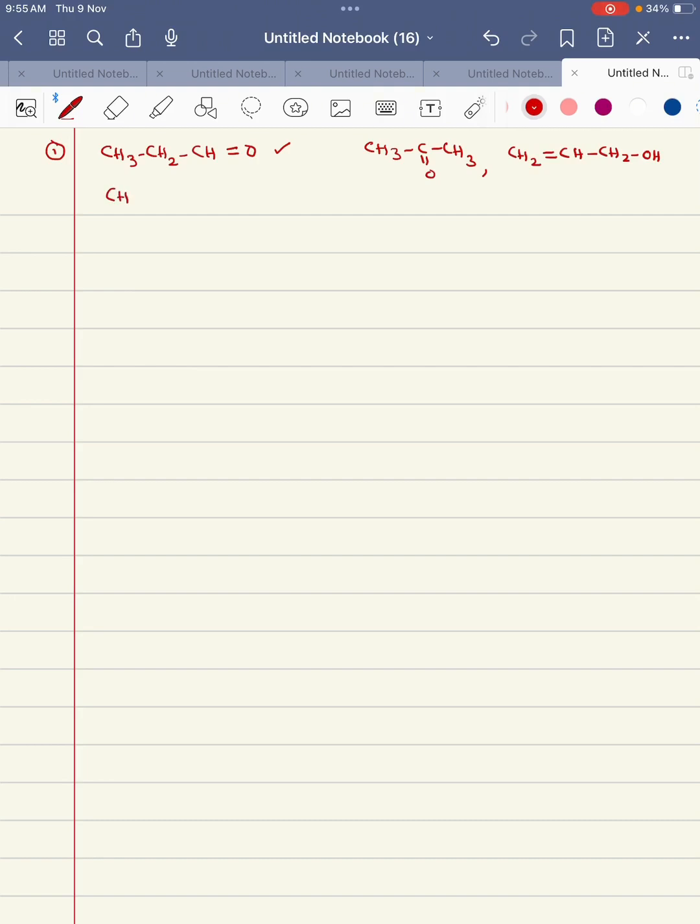Next, it can be unsaturated ethers also, written like this with the same molecular formula. Next one is cyclic alcohols. So we want three carbons in the ring form with one OH group. Now it is a cyclic ether also.